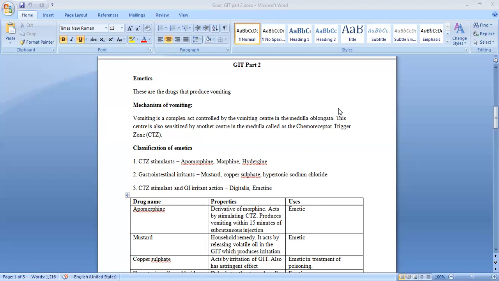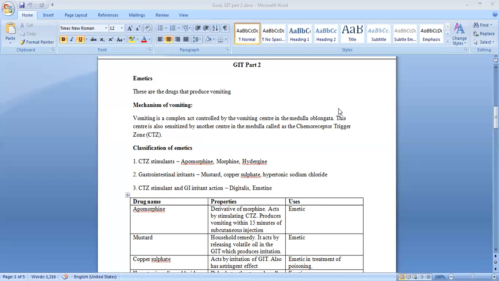Now, this vomiting center is also under the control of another center in the medulla, which is called the CTZ, that is chemoreceptor trigger zone. Whenever there is any kind of irritation of the CTZ or irritation of the vomiting center directly, that results in the process of vomiting.